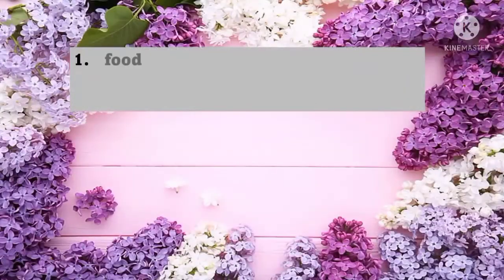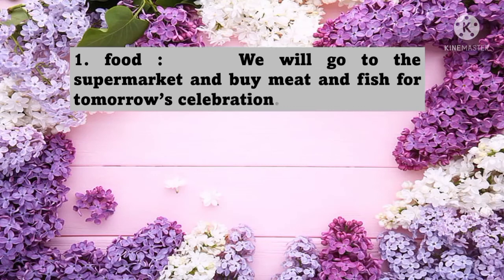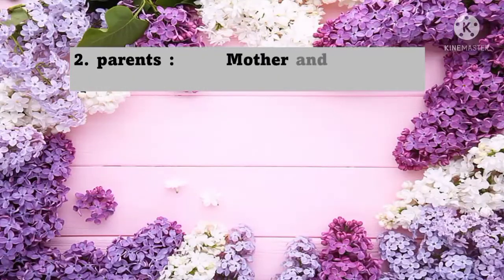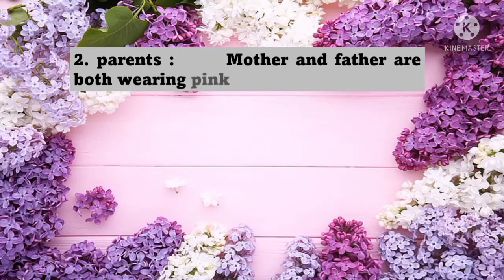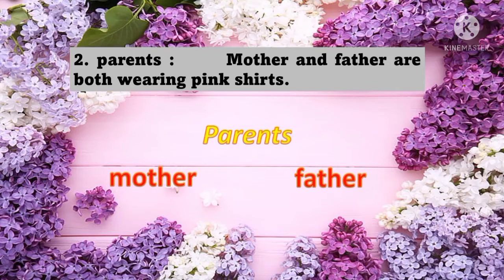Number 1, the classification is food. We will go to the supermarket and buy meat and fish for tomorrow's celebration. The hyponyms of foods are meat and fish. Next, number 2. Our classification is parents. Mother and father are both wearing pink shorts. The hyponyms are mother and father.